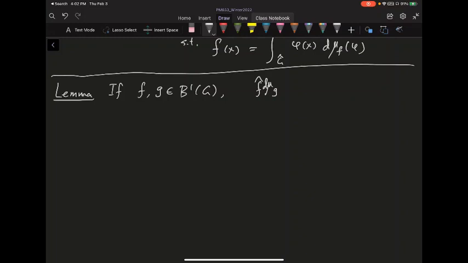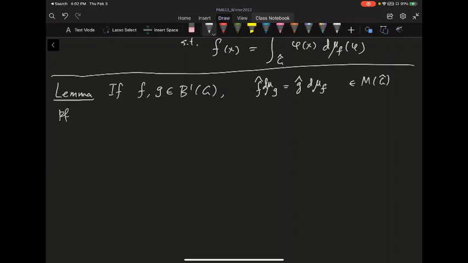That gives me some measure in M of G hat. I'm going to claim that this is actually equal to g hat d mu_f. Okay, so that's the claim.